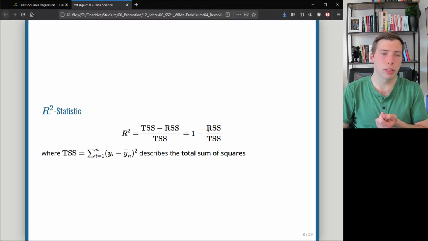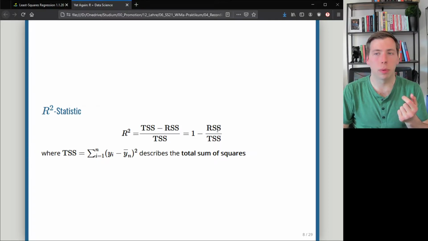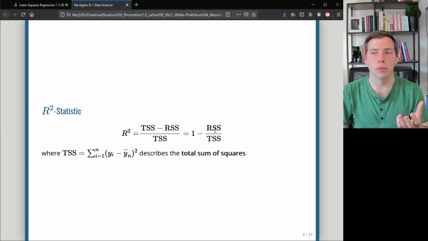So what we see here, if we add the n minus 1 to both the numerator and denominator, we have the variance of the residuals divided by the variance of the response variable, or what we want to compute. So basically, what this fraction is then is the fraction of the variance that is left unexplained by the linear model. This is the idea.